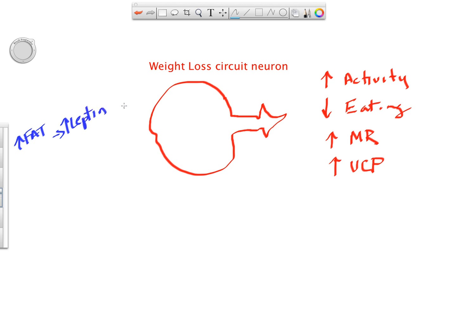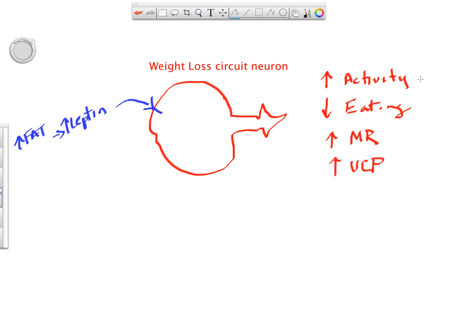and leptin binds to these receptors on the cell. So is this going to activate this cell to make this a negative feedback loop, or is this going to inhibit the cell to make it a negative feedback loop?